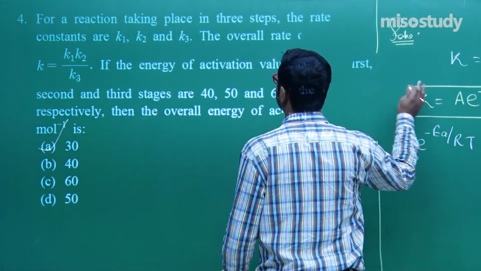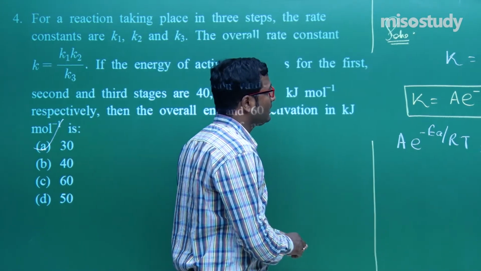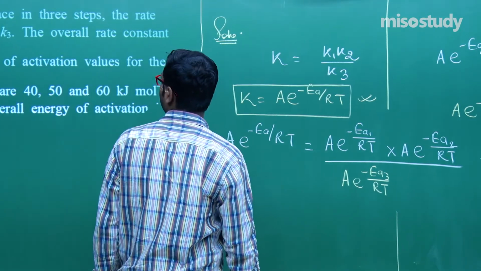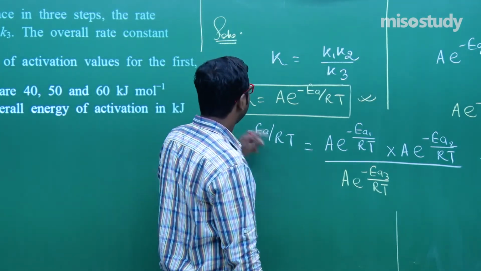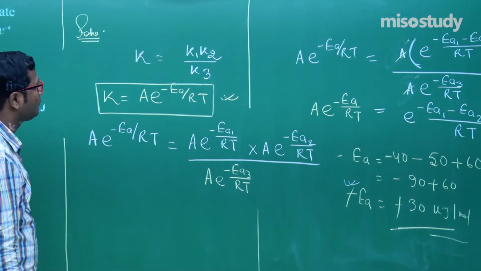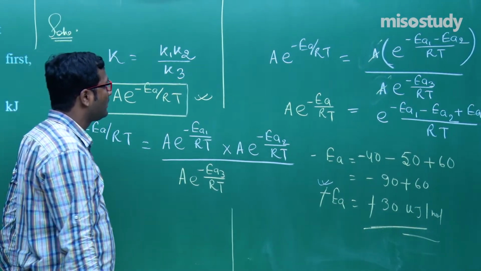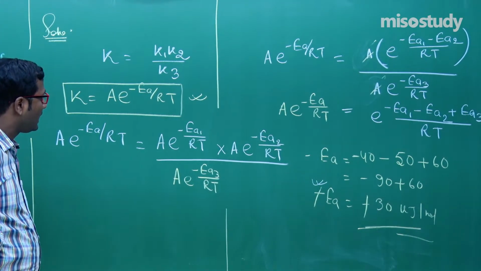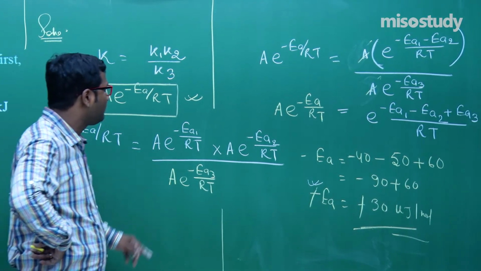Now check out the detailed solution again. K is equal to K1, K2 and K3. Okay, and K is equal to A e^(-Ea/RT), and K1 is equal to A e^(-Ea1/RT) into A e^(-Ea2/RT). Here the multiplication.